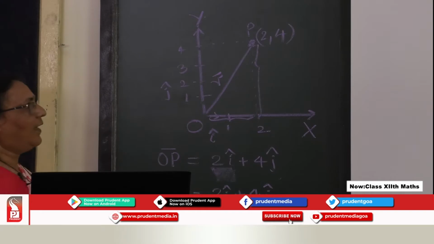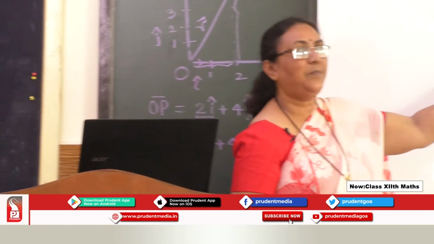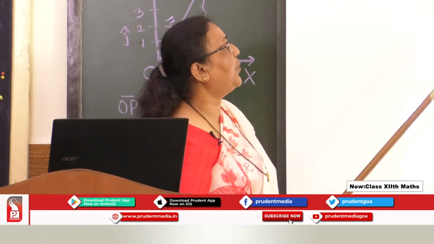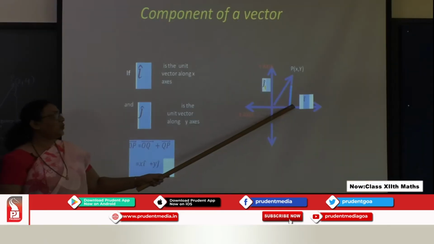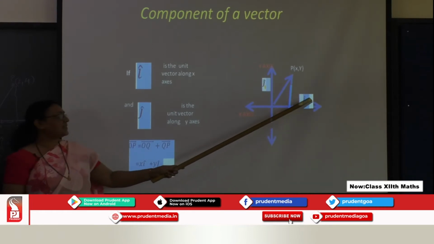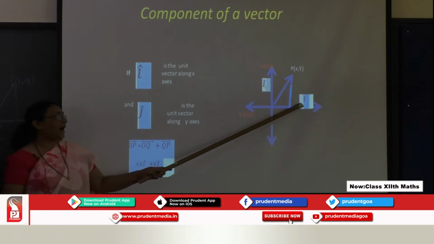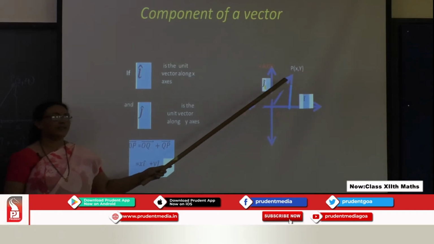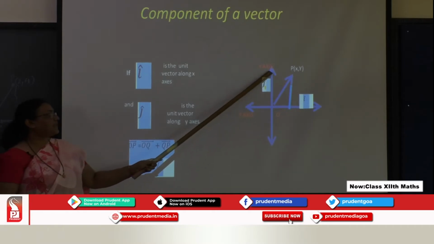So, this I had taken as an example. See, the component of a vector I am taking in 2 dimension. Let i be a unit vector along x axis. This unit vector is always denoted by i cap, with a cap on the top. And j is a unit vector along y axis.